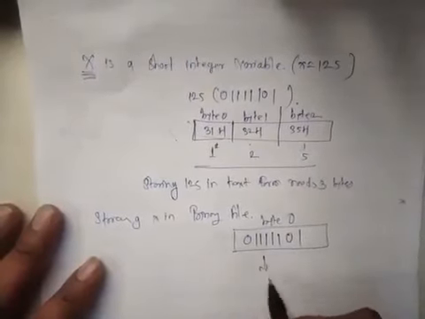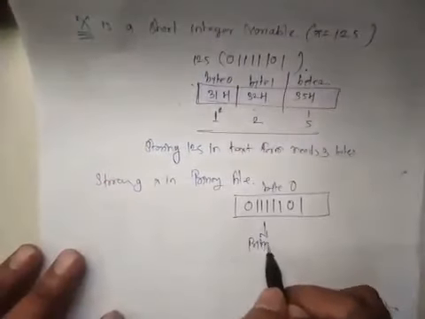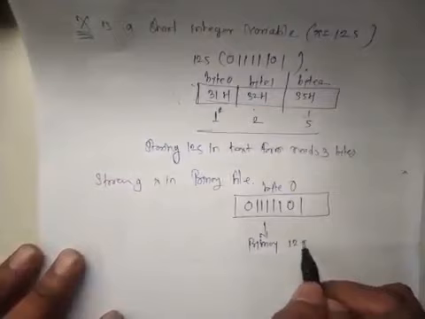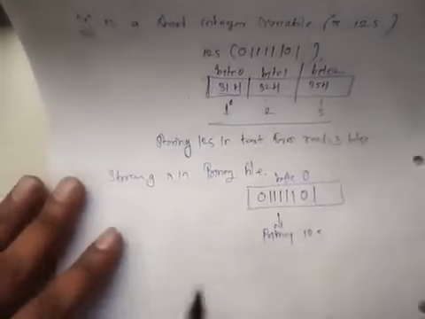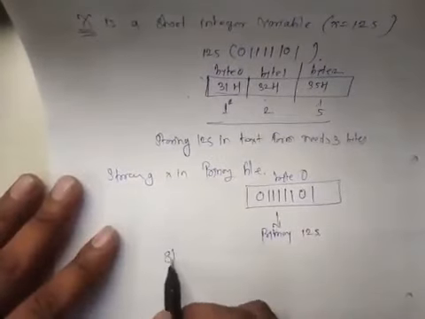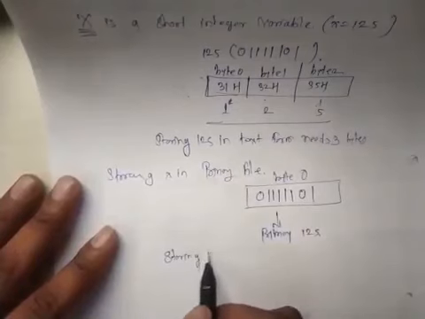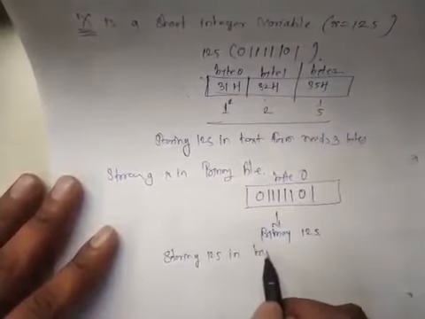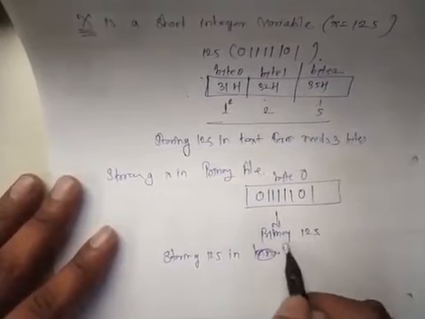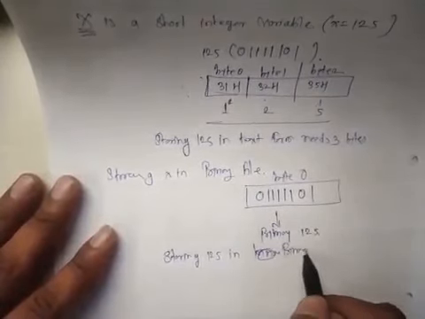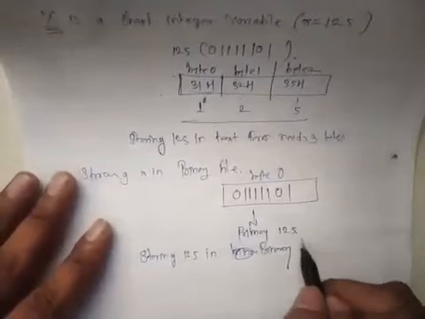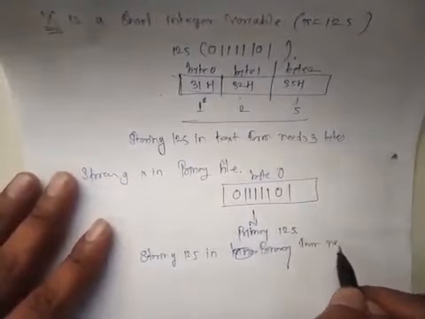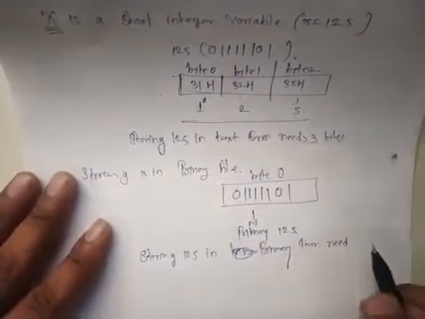So this is the binary of 125. Very simple. So we can say that storing 125 in binary form needs only 1 byte.